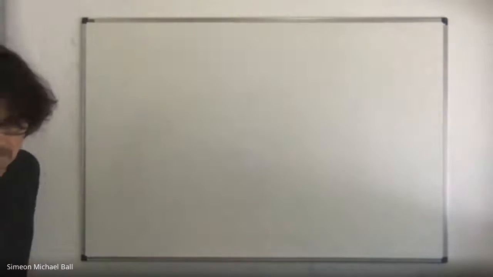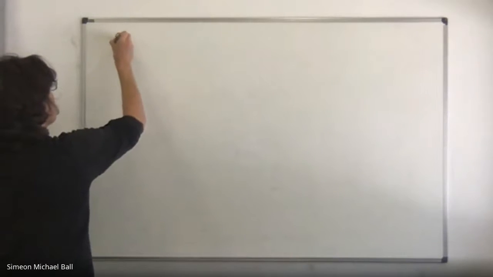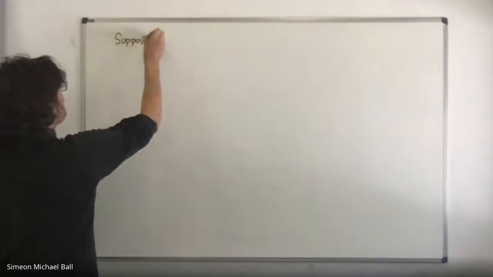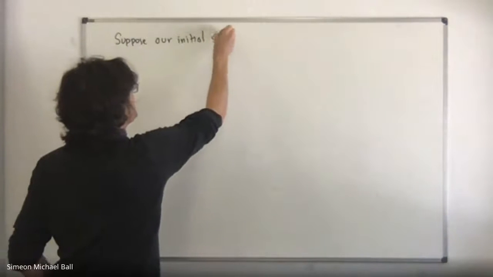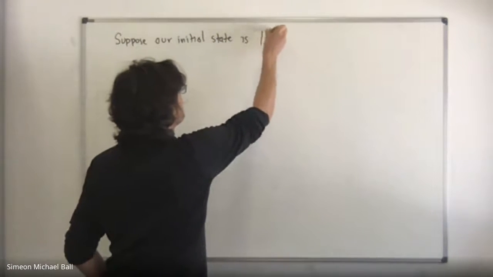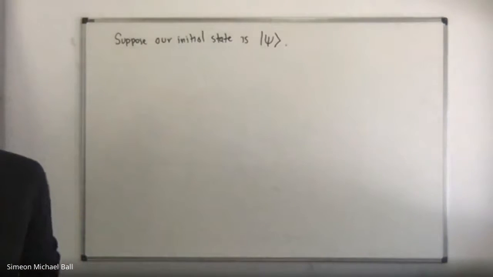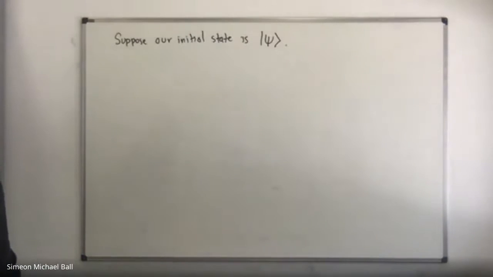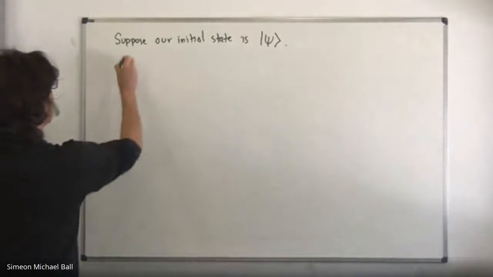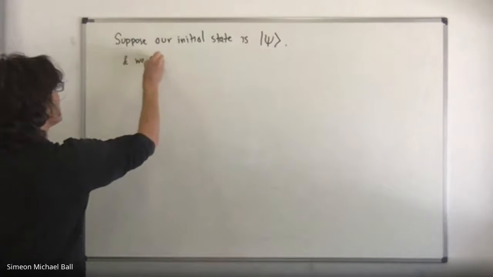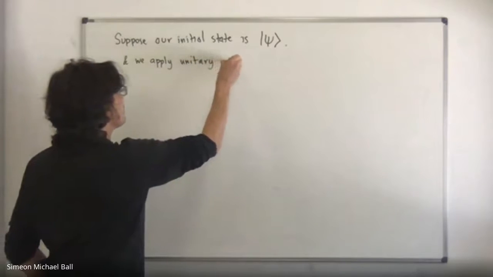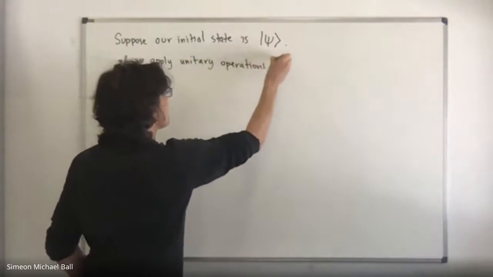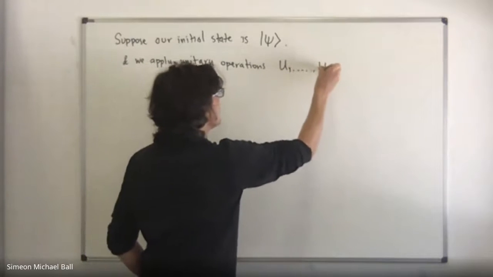So we suppose our algorithm starts with an initial state |ψ>, and then we apply unitary operations U_1 to U_k.